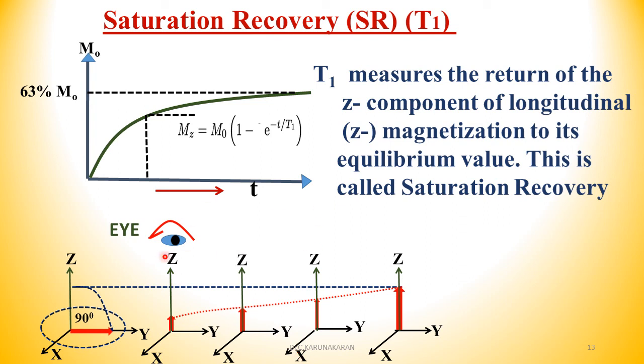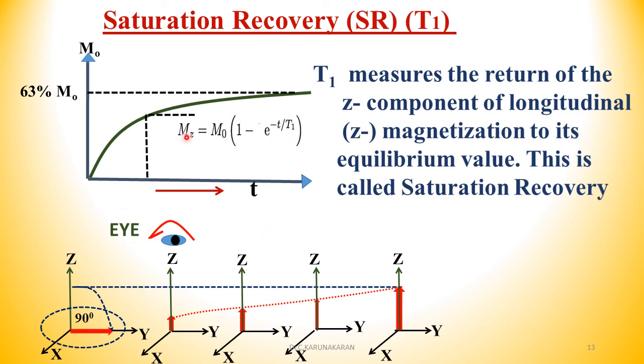In saturation recovery, the net magnetization returns back to the plus Z axis. By fitting the curve, Mz equals M0 times 1 minus e power minus t by T1.